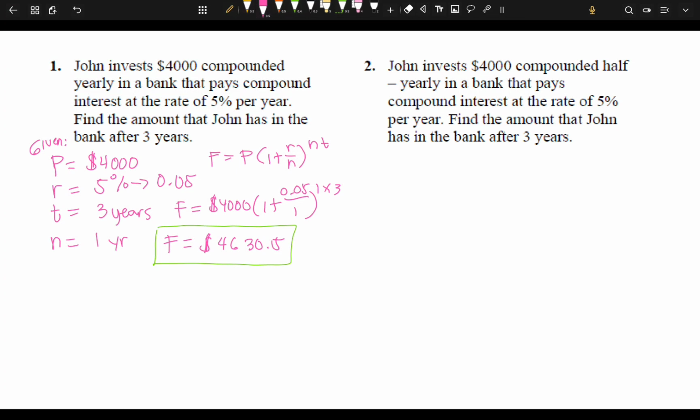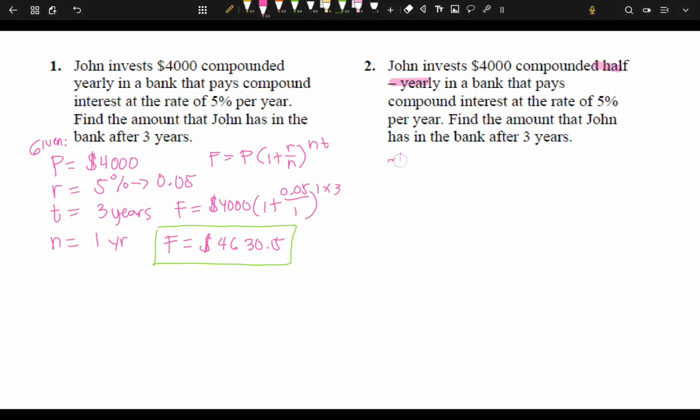Sunod natin, John invests $4,000 compounded half yearly in a bank that pays compound interest at the rate of 5% per year. Find the amount that John has in the bank after 3 years. So dito naman, ang gagawin lang natin is half yearly. Ibig sabihin ng half yearly, semi-annually. Ibig sabihin, twice a year nagkakaroon po ng pag-grow sa kanyang pera.